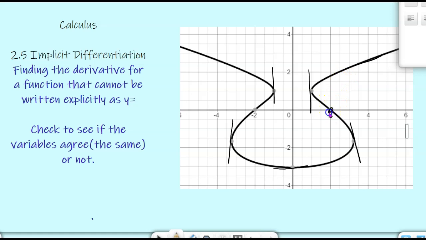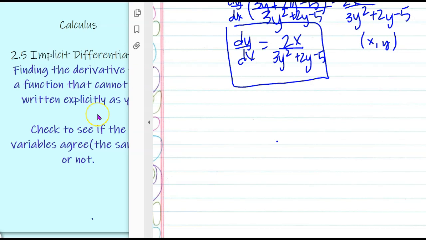So at this point, 2, 0, it has a slope that's negative. But at 2, 1.8 or something, it has a slope that's increasing. So the slope is dependent on the x, y, both of them. Okay, let's actually find a tangent line and graph it on Desmos and see what it looks like.